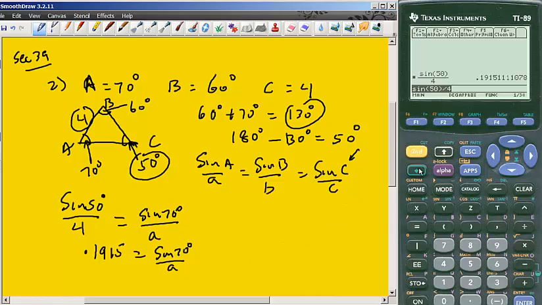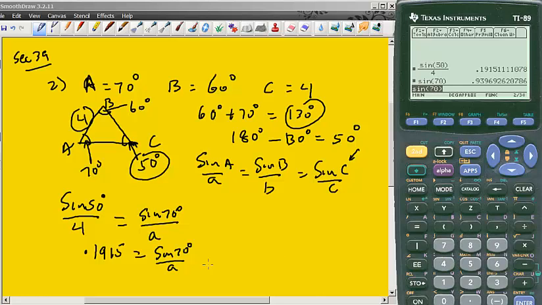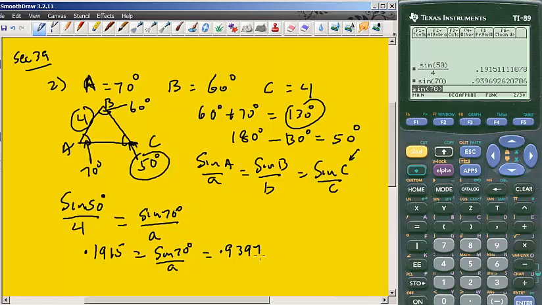So I'm going to find sine of 70 degrees, and that turns out to be, so the right side is 0.9397 over A. Okay, so all I'm going to do now is, this is really over 1, so I can just cross multiply here, and then divide everything by 0.1915.